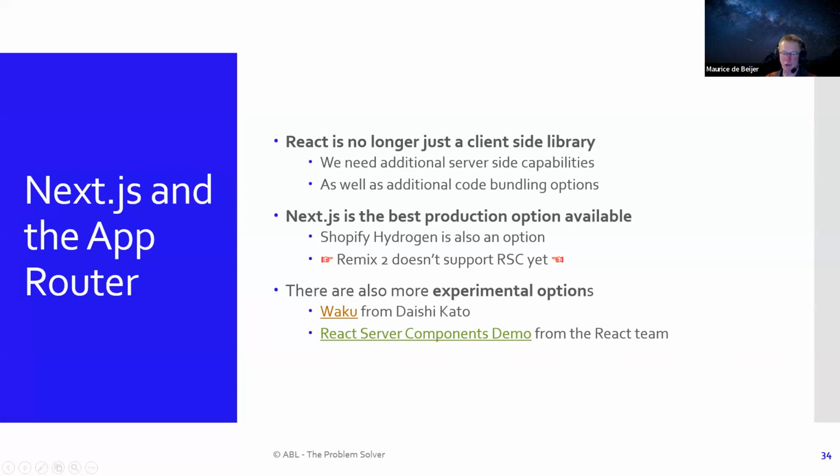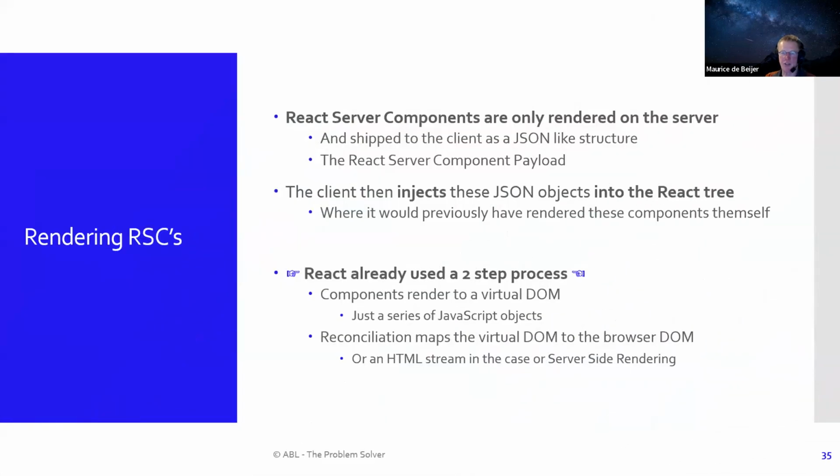Now, I've never used Hydrogen, so I can't say how well that works and whether that's actually true. It's just my understanding. As far as I'm concerned, Next is by far the best option to do a production app, if only because quite a few people from the React team actually joined Vercel and are working on Next these days.